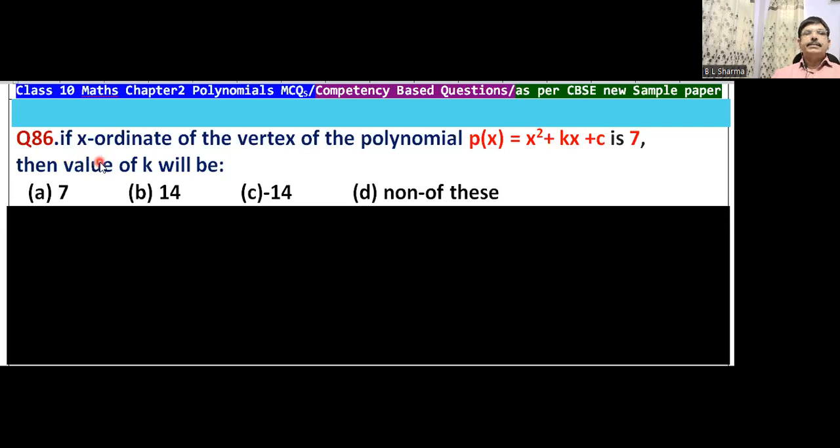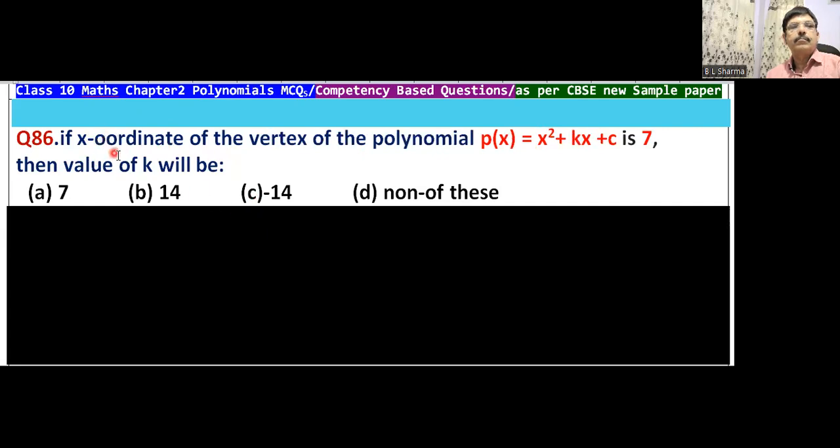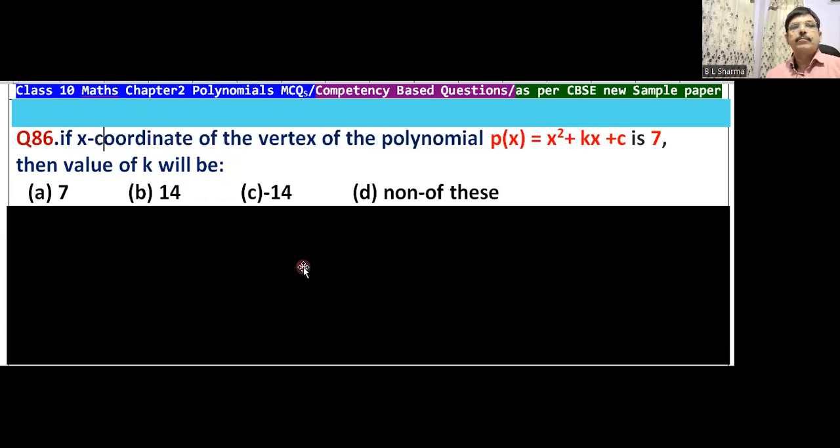If the x coordinate, here it should be a coordinate, of the vertex of the polynomial x square plus kx plus c is 7, then the value of k will be.